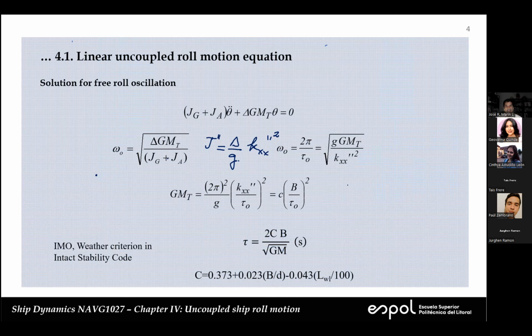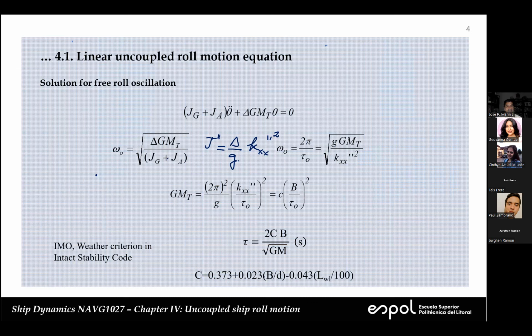So here you get the period, and basically that's something that you obtain. So 2C here is similar to this one here. Now in this weather criterion, they give you this expression to estimate the C coefficient.